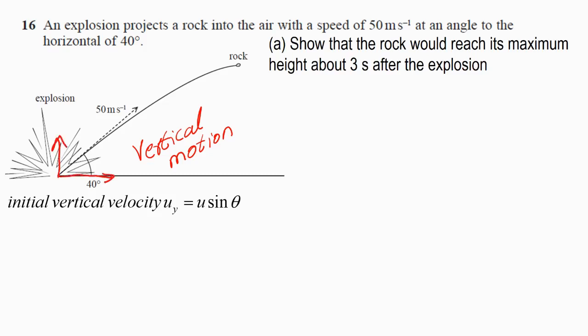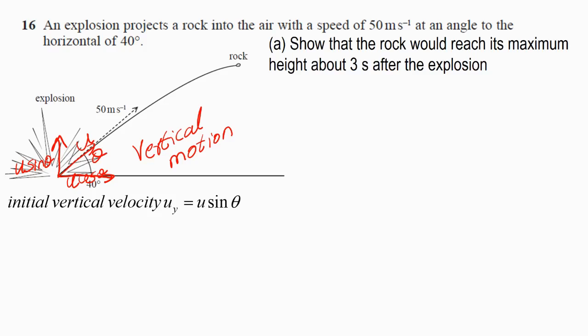If the initial velocity is u, making an angle theta, here 40 degrees, with the horizontal, then the horizontal component is u cos theta and the vertical component is u sin theta. So we can resolve this velocity into one horizontal and one vertical component.